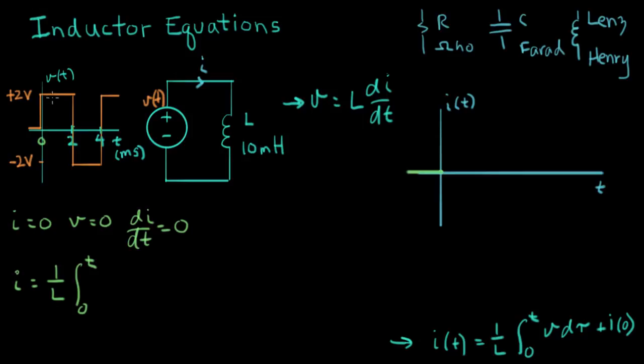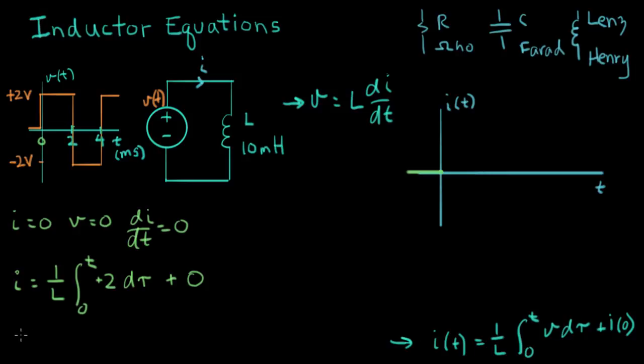Now V in this little region of time is 2 volts, so 2 times d tau, plus I0. And we decided I0 was the current that it started at right there. I0 is 0.